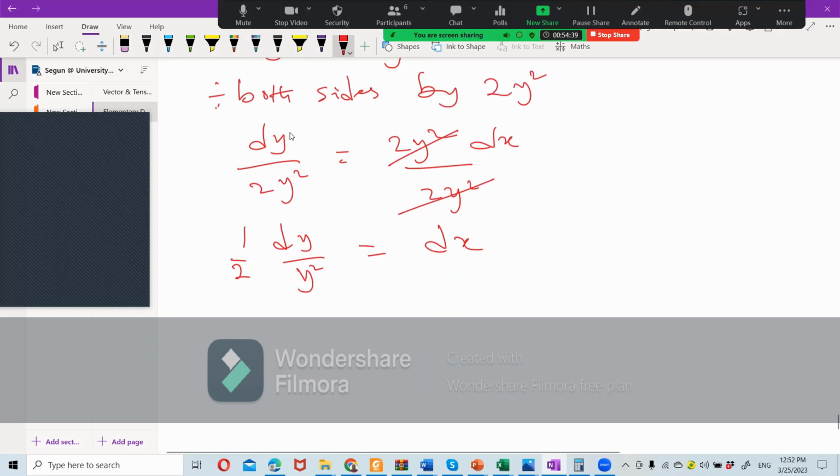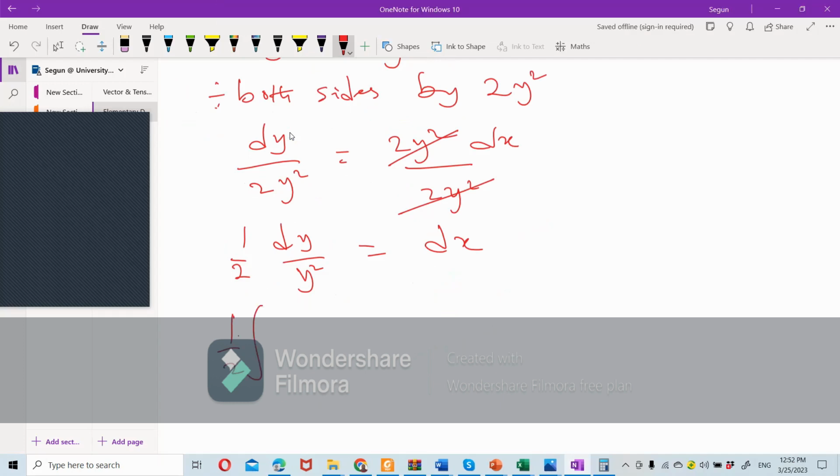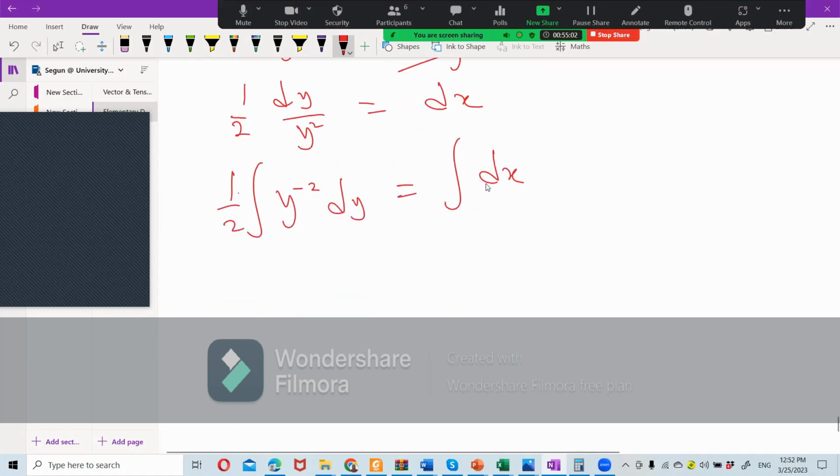So I can integrate both sides. You agree with me that I can say 1 over 2 integral of y raised to power minus 2 dy equals integral of dx. Remember, you are still solving the differential equation. When you integrate this, what do you have?